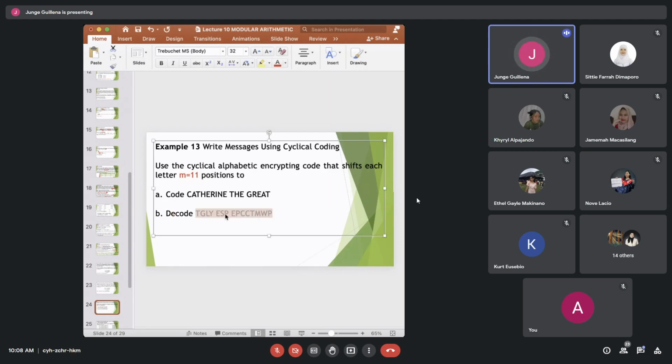So when you decode, you must convert it into a readable statement.